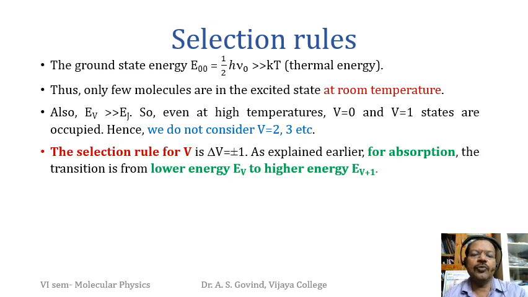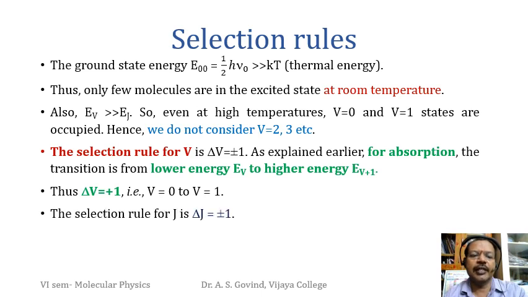And selection rule, delta V is plus or minus 1, and as we have seen earlier, for absorption it should be lower to higher. So E(V) to V plus 1. So therefore we'll consider V plus 1 minus V, that is only plus 1 difference, V equals 0 to 1. It cannot be any other as we have already seen.